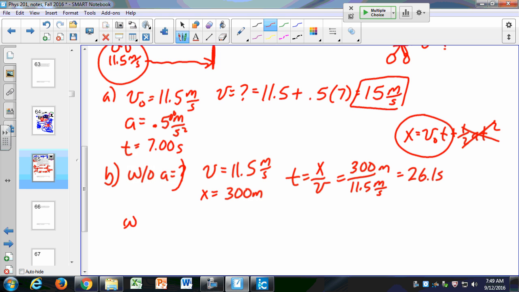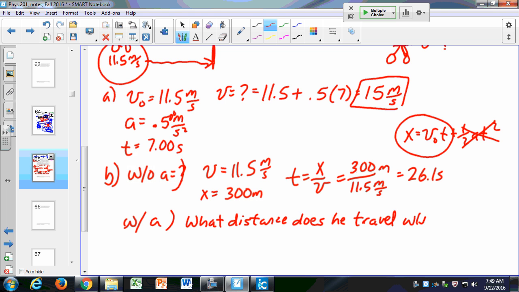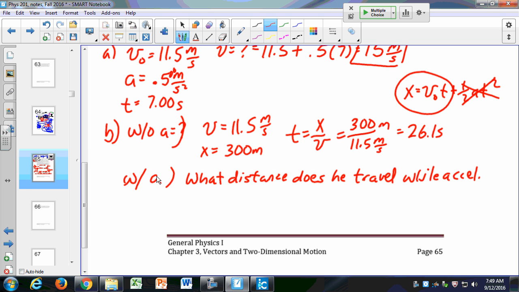With acceleration, we want to know what time it takes. We want to find out a couple of things. What distance does he travel while accelerating? All right, so I'd say x equals v naught t plus 1/2 at squared.